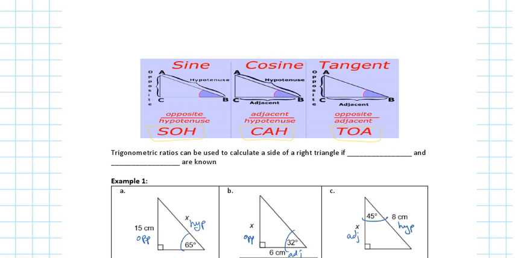Okay, can you guys remember that SOHCAHTOA? Can you remember the formulas? Now, trigonometric ratios can be used to calculate the side of a right triangle if an angle and other sides are given.